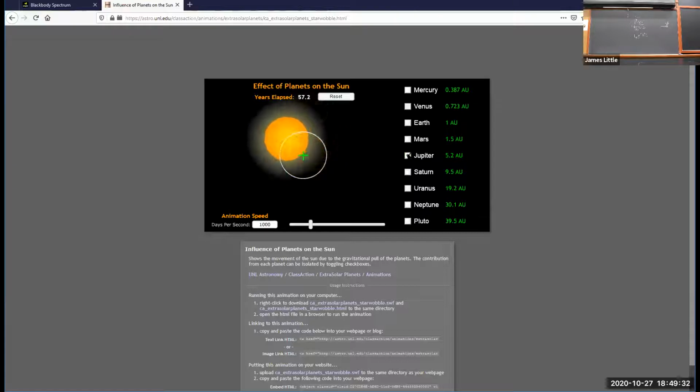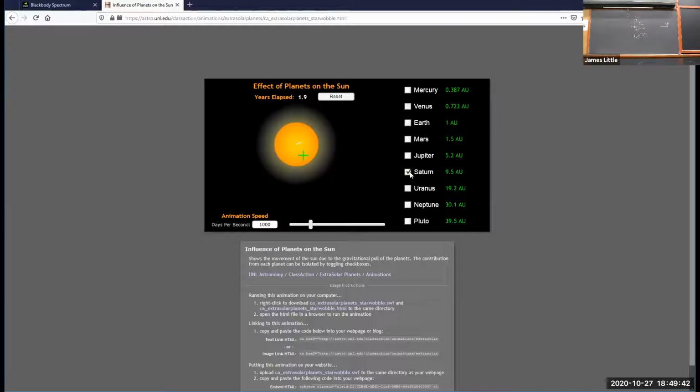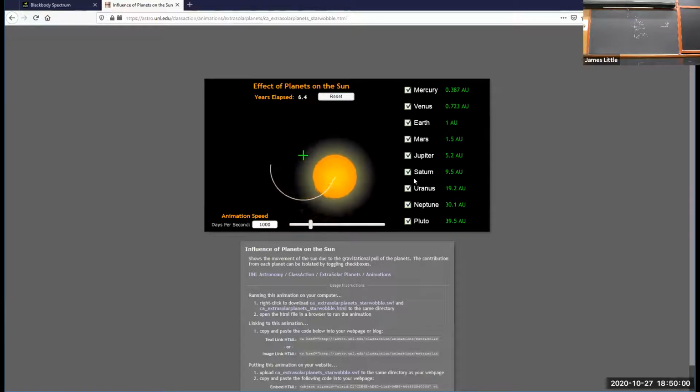This is why the first exoplanets we found are the biggest exoplanets. And then none of the other planets do too much. We will be able to detect Saturn, but Uranus, Neptune, Pluto... If you include every planet in the solar system, then the sun's motion becomes quite complicated.